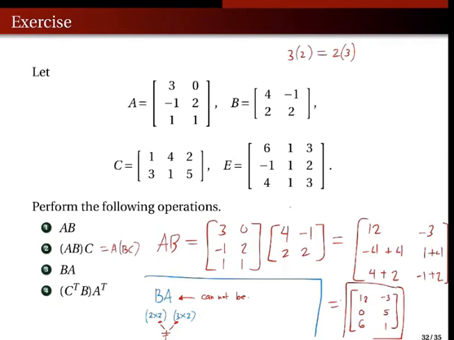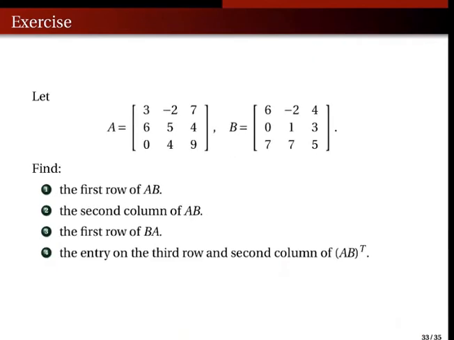Now, for this, look at this. You have your matrices A and B. And let us do number 4. So look at the problem. The entry on the third row and second column of AB transpose.